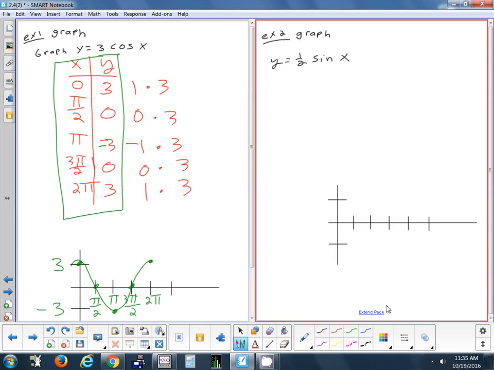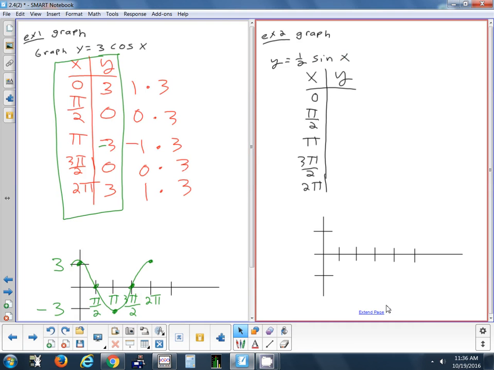Just by looking at it, anybody tell me, is it going to stretch or compress? Yeah, it's going to compress. And Sam, can you remind me again what values stay the same? The x's. Yep, x's. So 0, pi over 2, pi, 3 pi over 2, 2 pi.